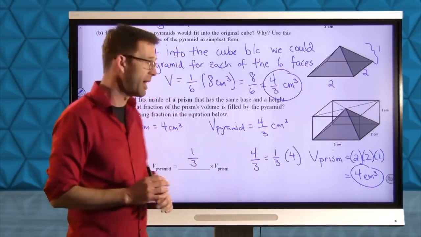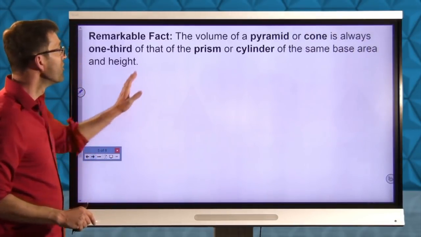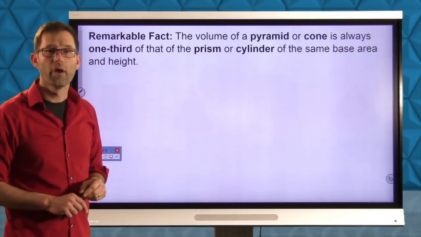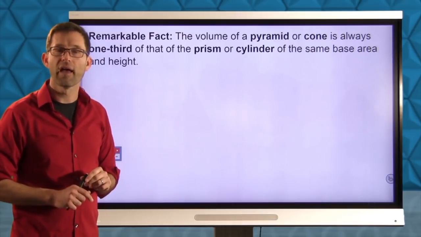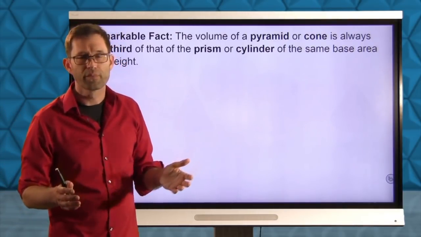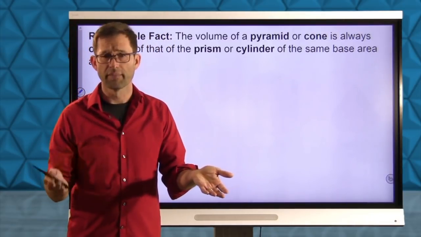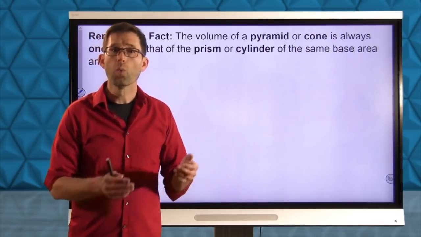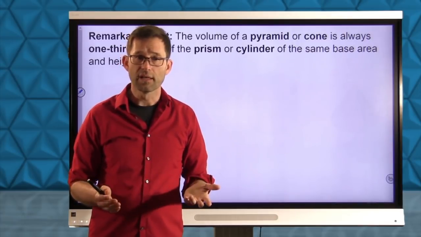In fact, that 1/3 relationship always holds. And what do I mean by that? Let's take a look. The volume of a pyramid or a cone is always 1/3 of that of the prism or cylinder of the same base area and height. All right? So whereas the volume of a prism or a cylinder is just base area times height, the volume of a pyramid or of a cone will be 1/3 the base area times the height. That's it.